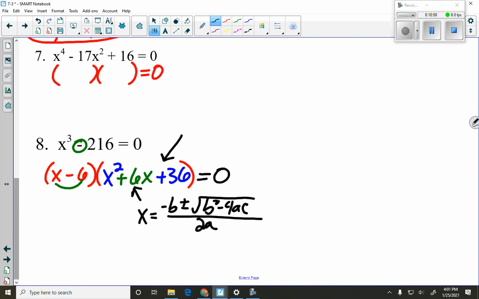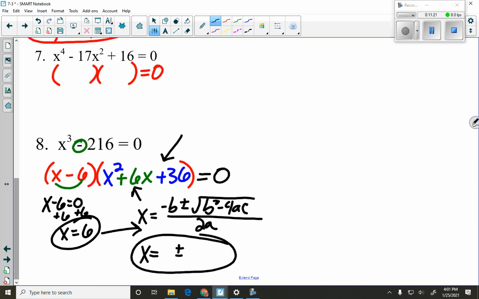However, this one could equal 0. So x minus 6 could equal 0, in which case plus 6, plus 6, x equals 6. So this is one solution. Put these into your quadratic formula and get x equals something plus and minus to find your other solution.